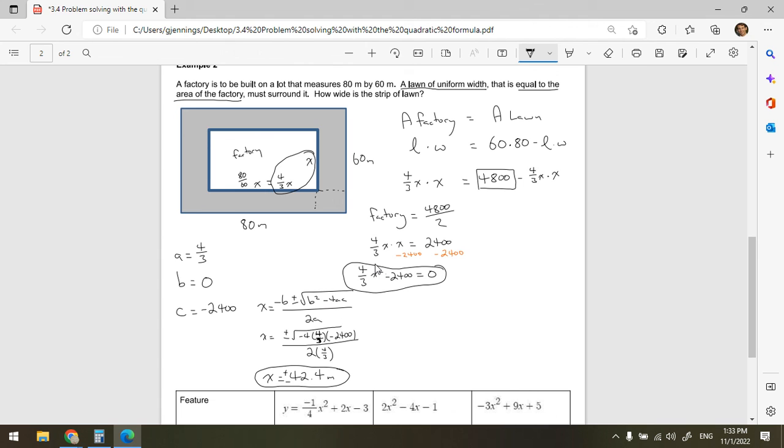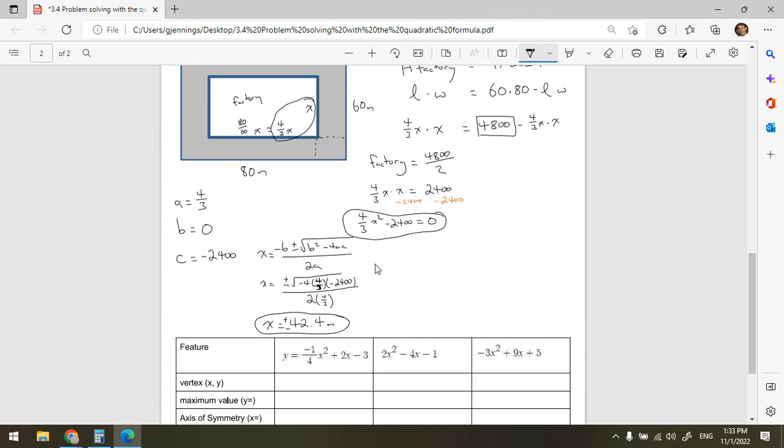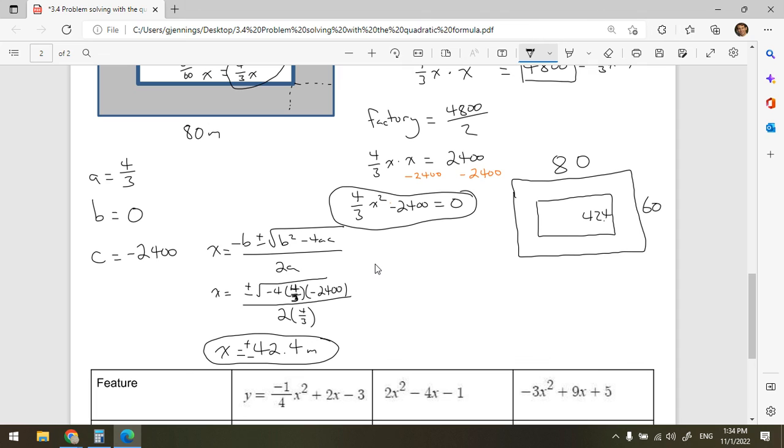How wide is the strip of lawn? Well, let's take a look. So now our diagram looks like this. It's 60 by 80, and we have a factory in here that's 42.4 wide. So what's the gap between that and 60? And we'll split that in half.